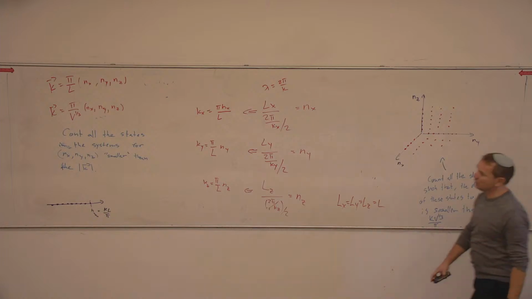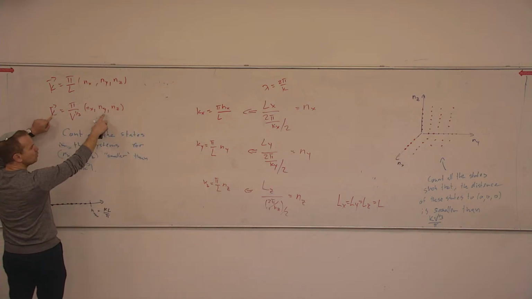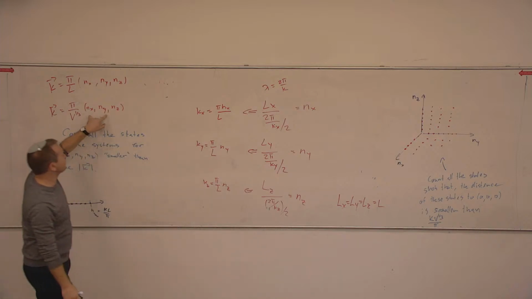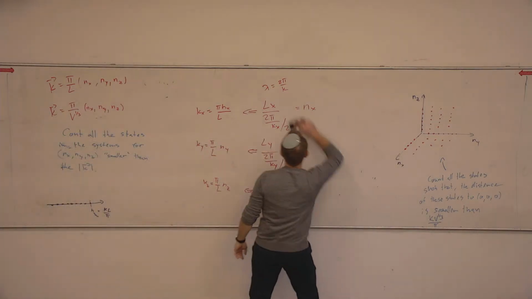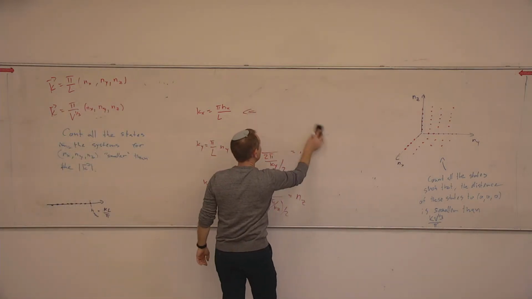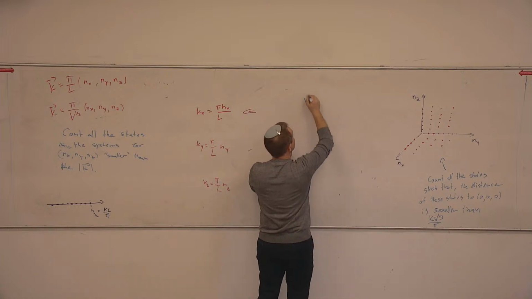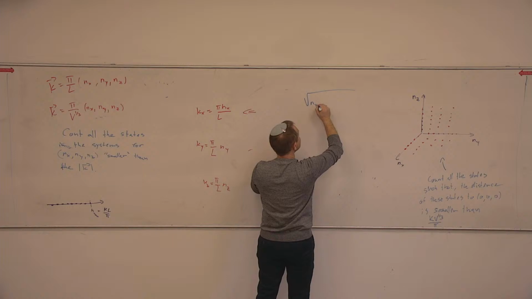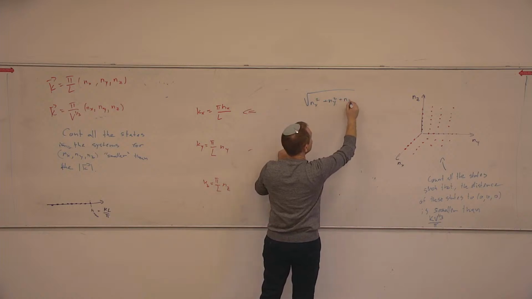Right? Because if this is the k vector, up to this point, I need to find out what are the different states. The radius of this vector is the square root of nx squared plus ny squared plus nz squared.